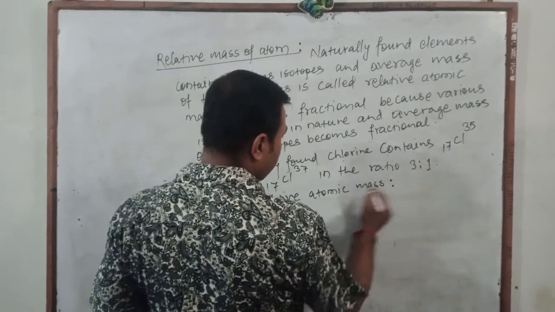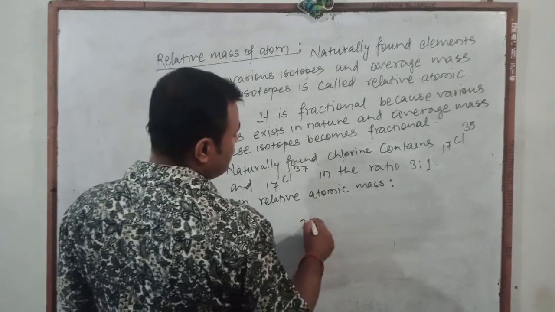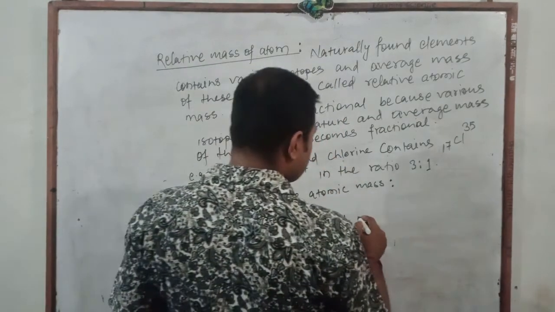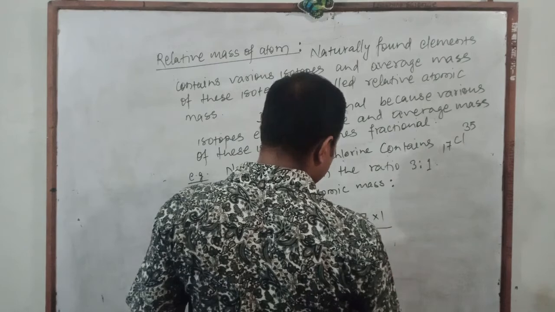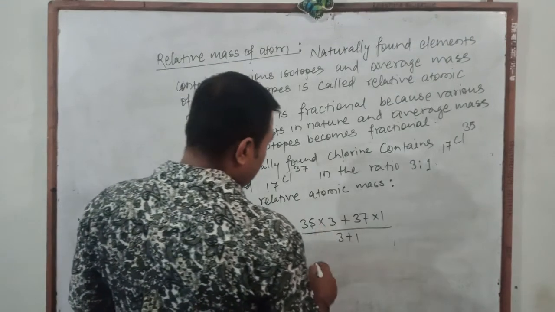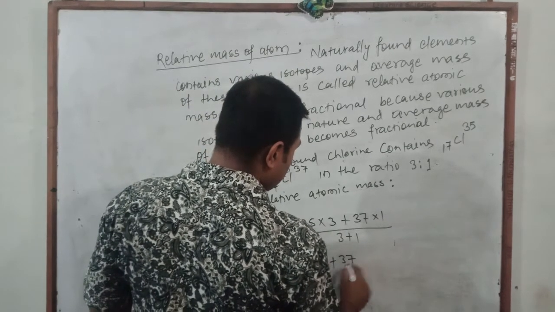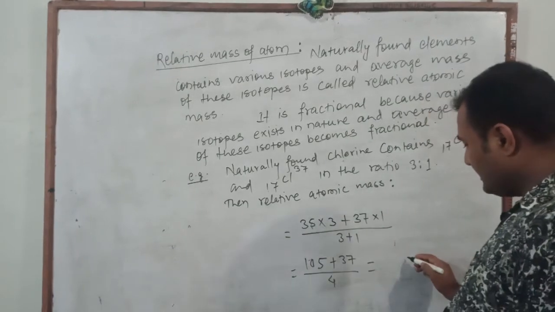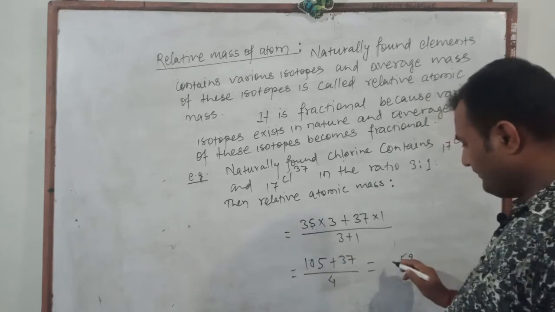The first type of element has mass 35 and its ratio is 3, plus another type of mass 37 and its ratio is 1, and the total ratio is 3:1, that is 3 plus 1 equals 4. So we get (105 plus 37) divided by 4, and when we add, we get 142.